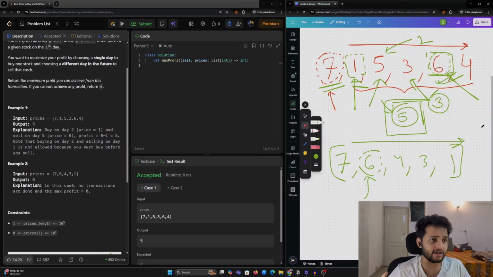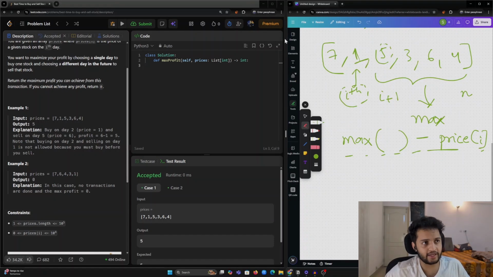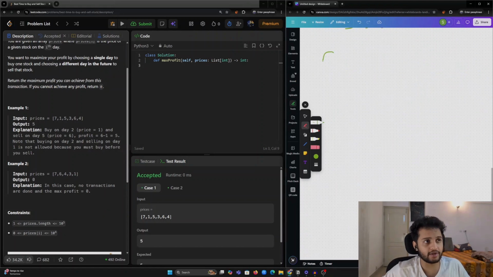Right. So now that we understand the problem, let's think how can we go ahead and solve it. What you can do is, if you're standing on the ith index, you can again write a j loop. Let's say these are the values.